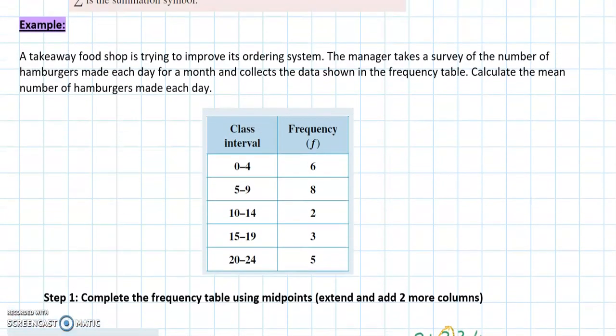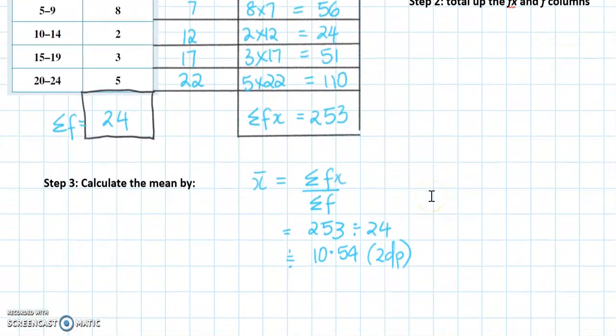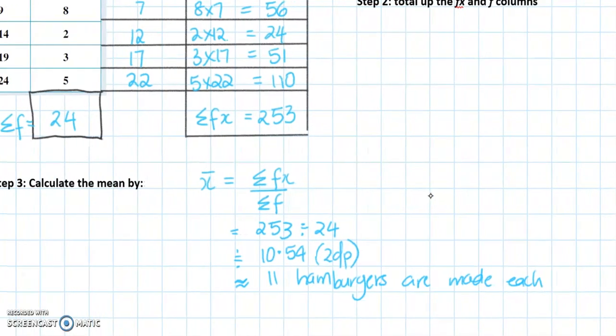Now, the question was asking us to calculate the mean number of hamburgers made each day. We can't have 10.54 hamburgers, so we can round it off to the nearest whole number, which is 11. So approximately 11 hamburgers are made each day.